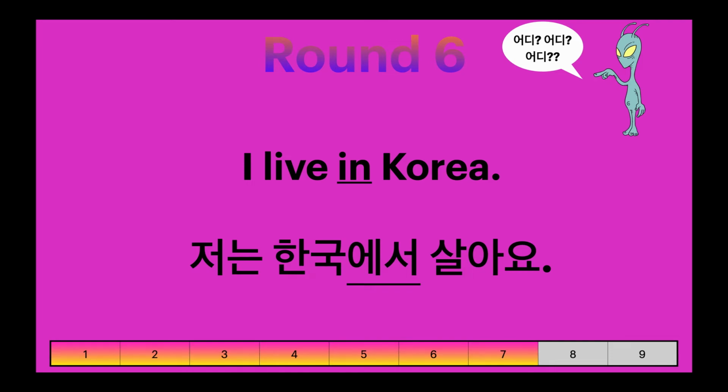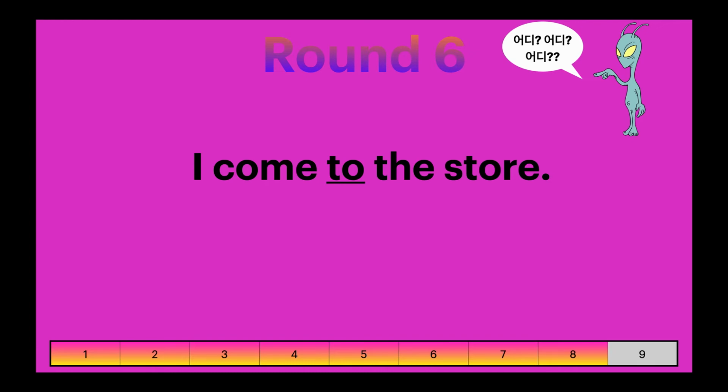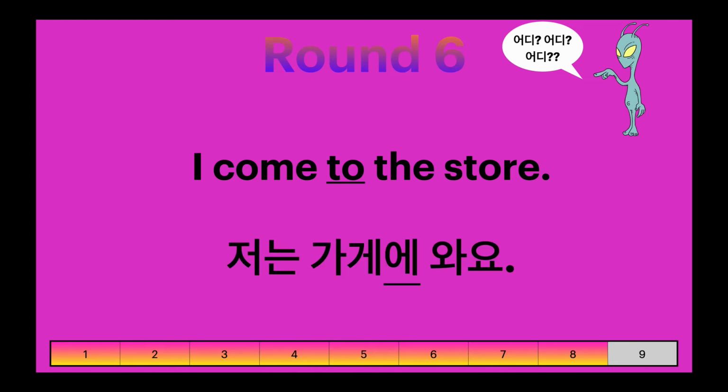And just a quick note here that I did not mention in the previous lessons, when using 살다 to live, you actually can also use 에. I've had a lot of Korean people tell me that one is more commonly used than the other, and then other Korean people will tell me that the other one is more commonly used. So if you said 에, that's also okay. I come to the store. 저는 가게에 와요.